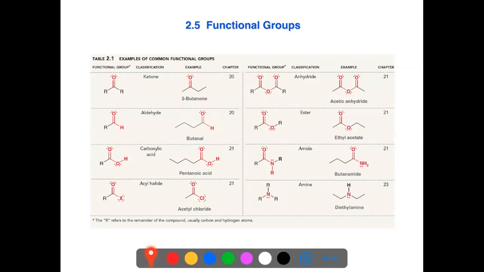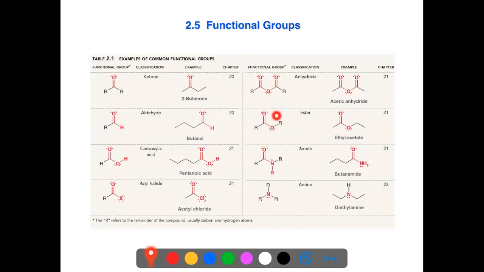If you have an R group to one side, but an OH group to the opposite side that's directly bound to that carbon of the carbonyl, that belongs to the carboxylic acid family. Acyl halides, if that group is now a halogen. Now, if that group is an oxygen attached to yet another carbonyl, we refer to this family as the anhydrides.